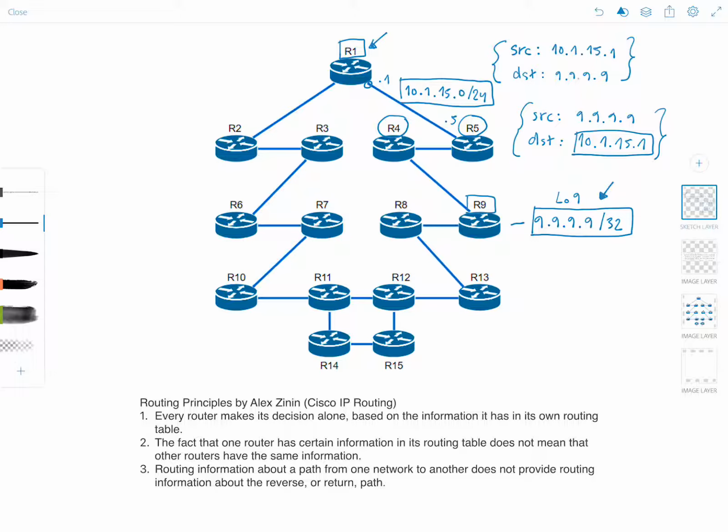A packet is also dropped if the value of its time to live field reaches 0. This is actually what ultimately prevents the routing loop from happening. What I described earlier, that in theory, a packet could loop between R1 and R5 here. So the TTL is used to prevent that.